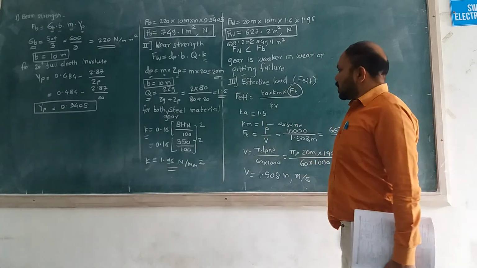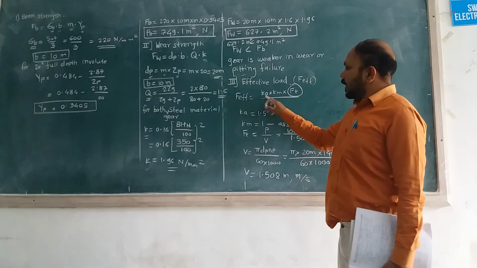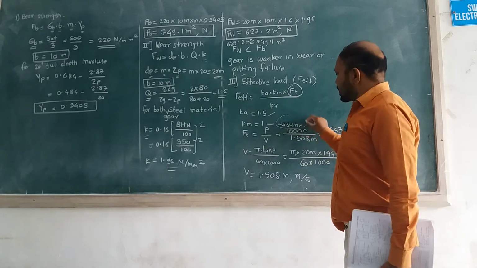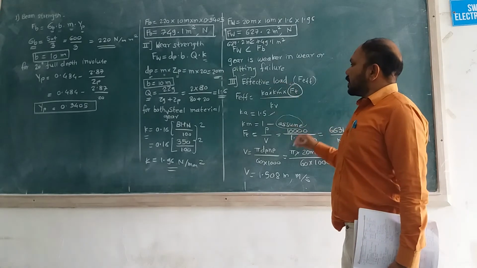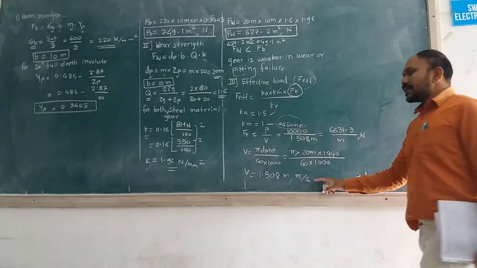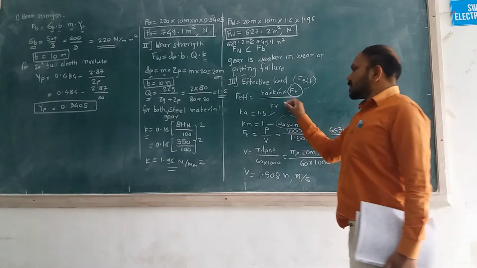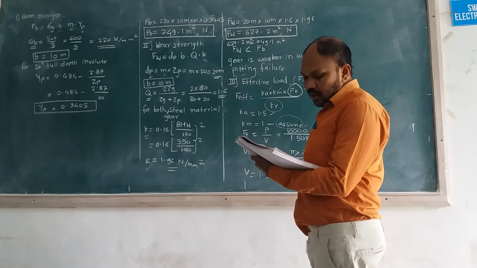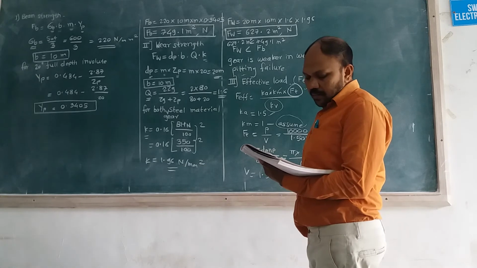So in this calculation, we want Ka is 1.5, we want Km, we assume this 1. Okay, then ft we already calculated in terms of module, and this Kv. Okay, Kv is not the application factor, it is called the velocity factor.